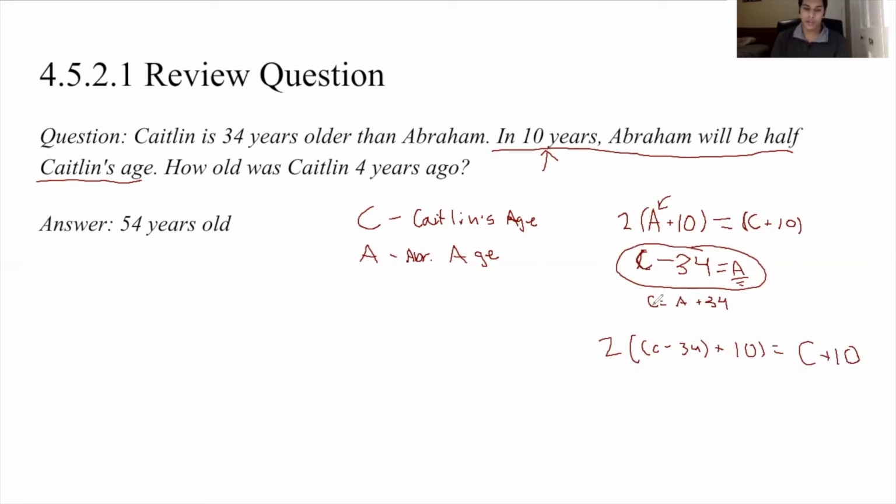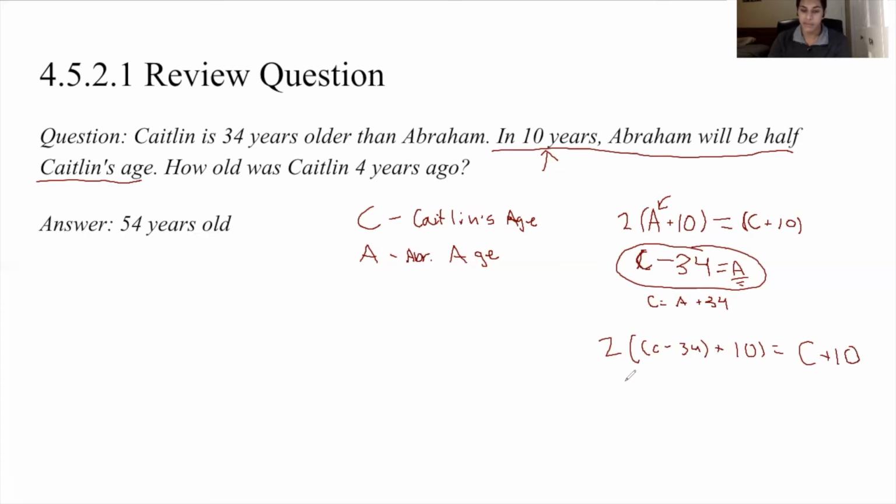You can solve for Abraham's age and then use that information to figure out Caitlin's age, right? So say you figure out Abraham's age was 20. If Caitlin is 34 years older, then just add 34 to that. But since we eliminated A from the equation by substituting it out, we can solve directly for Caitlin's age. So solving algebraically is pretty simple.